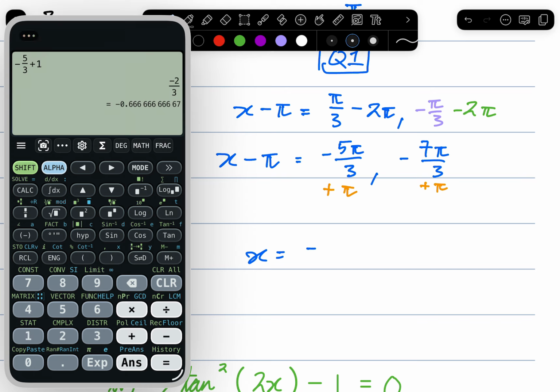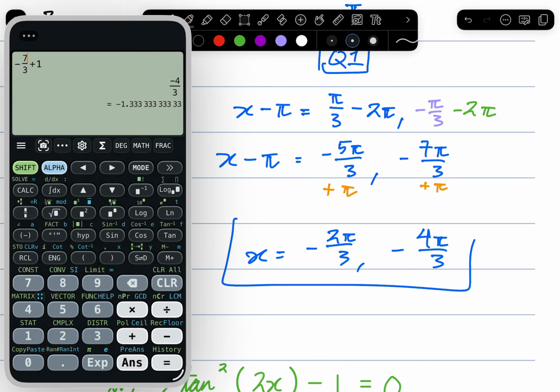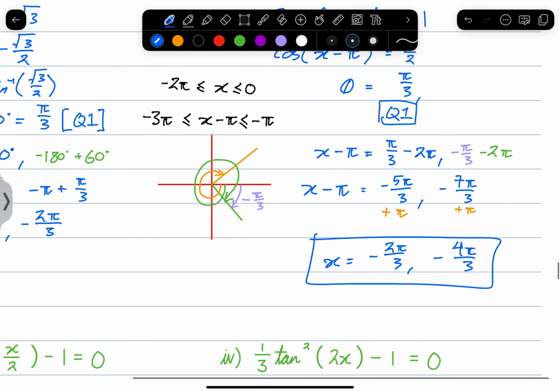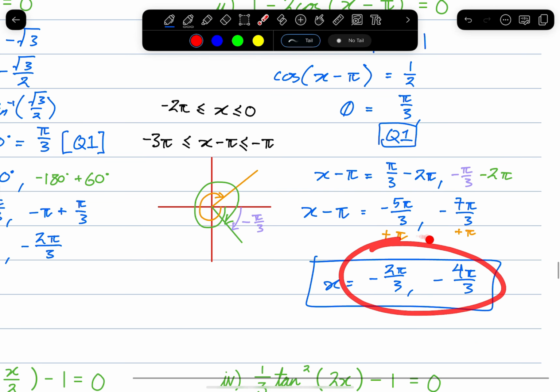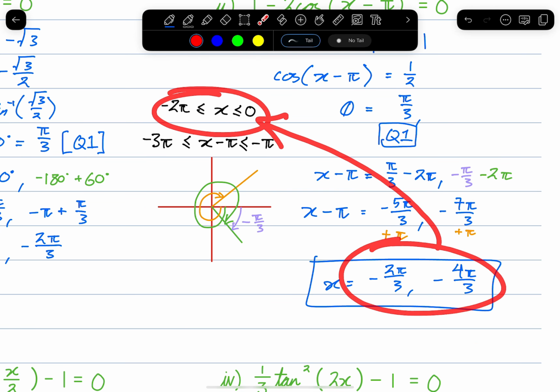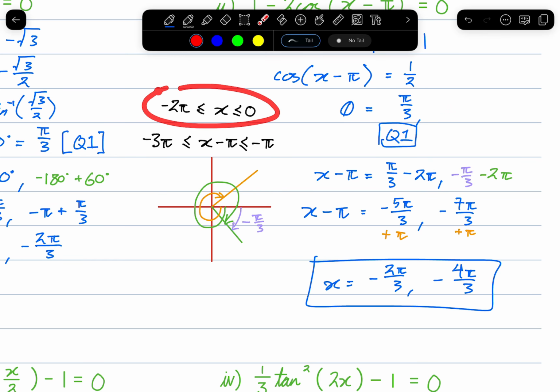Negative 2 pi on 3, comma, and negative 7 on 3 is negative 4 pi on 3. And these are our two answers. If you take a close look, these two are definitely within our original domain here. And that there is our answer.